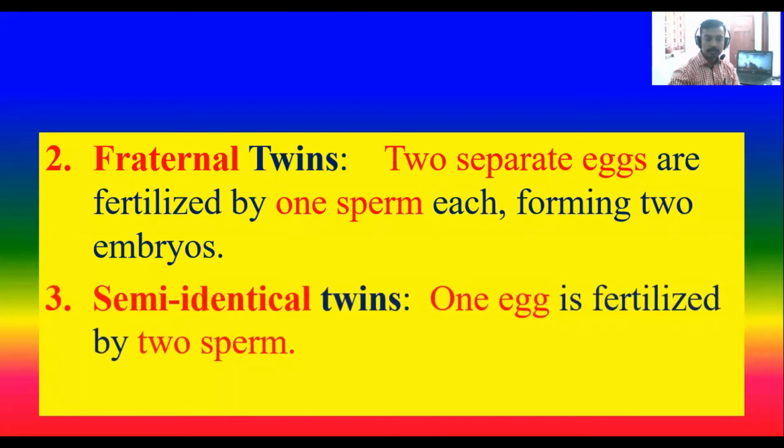Third, semi-identical twins: one egg is fertilized by two sperm. So this knowledge is very important for nursing. We should identify which type of twins.